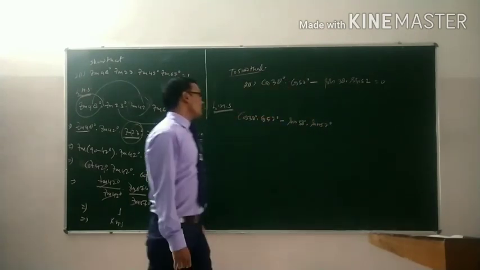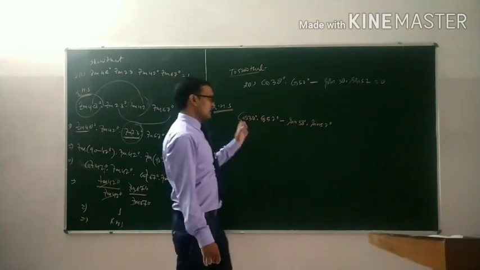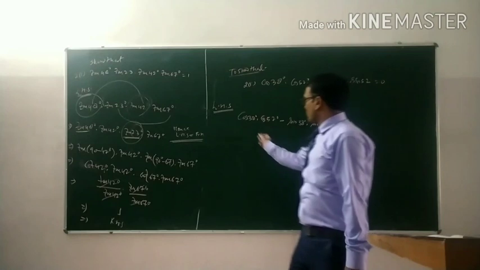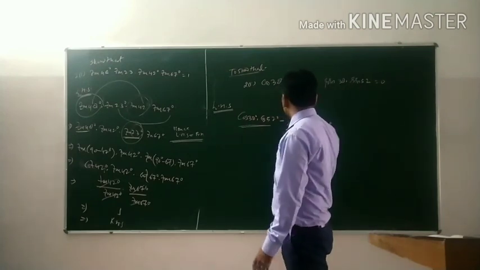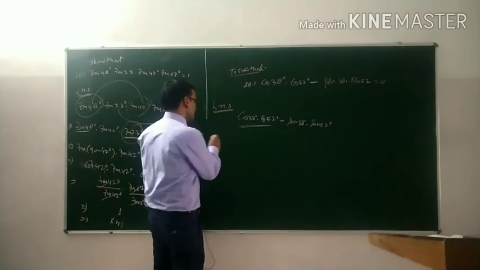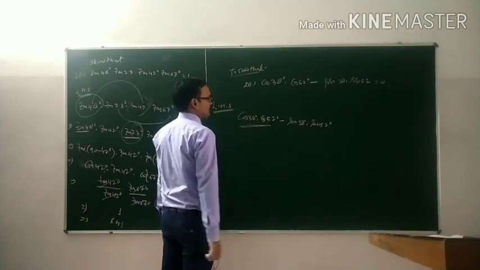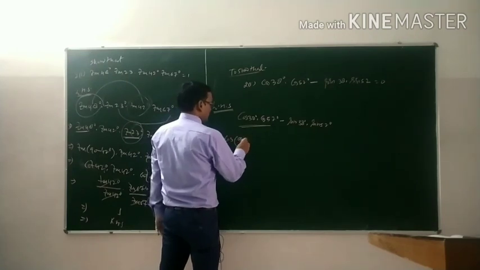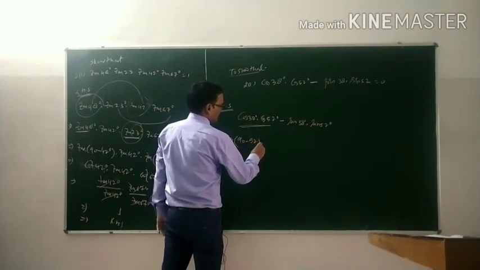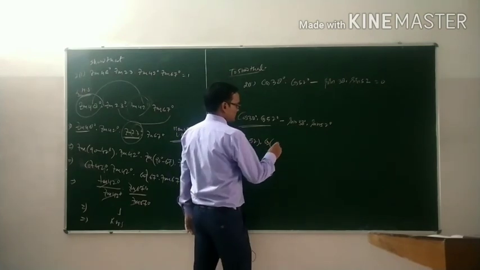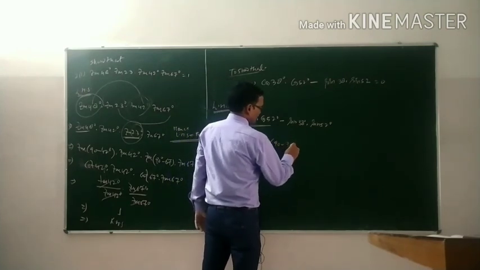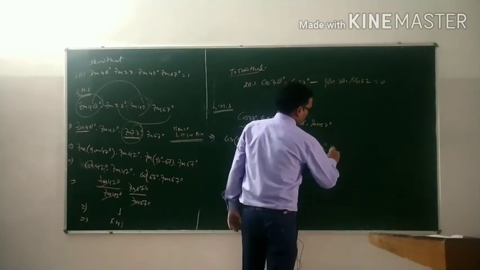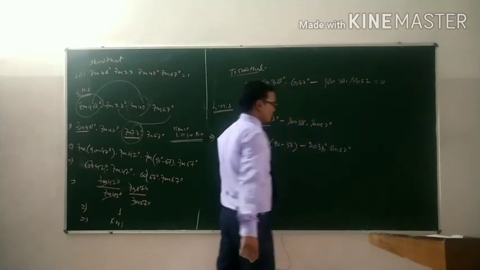Okay students, here we convert only sin into cos or cos into sin. We convert only this part, and sin 38 and sin 52 remain the same. Cos(90 minus 52) into cos(90 minus 38) minus sin 38 into sin 52.